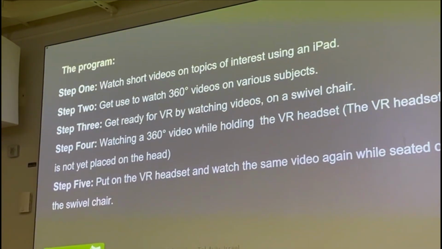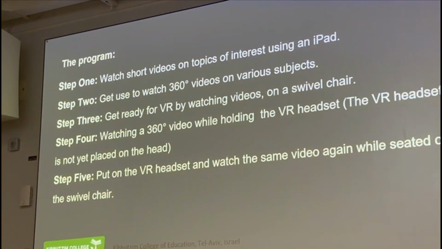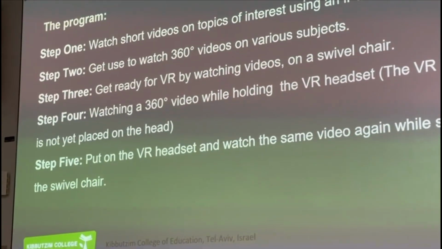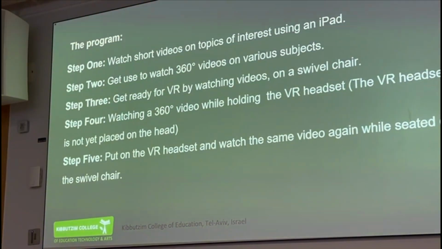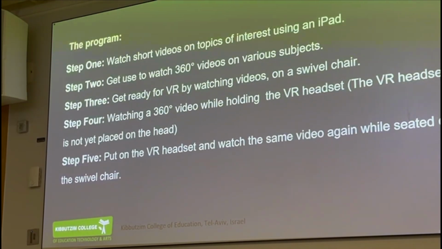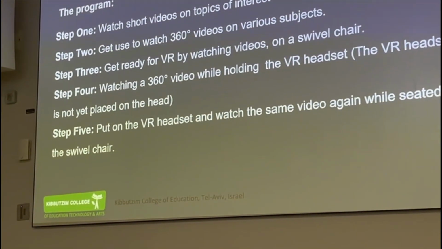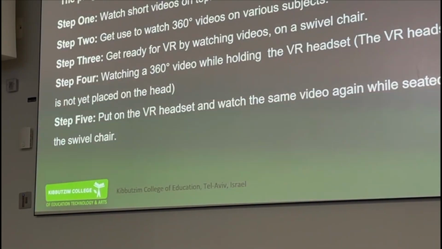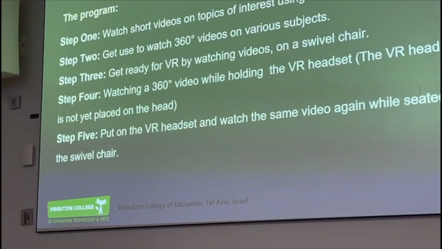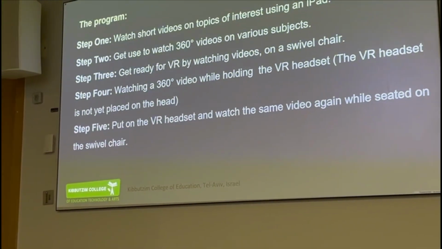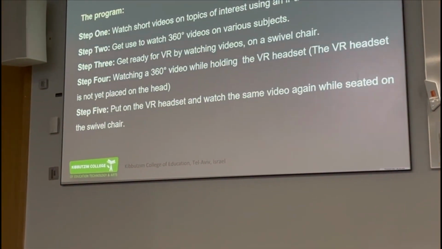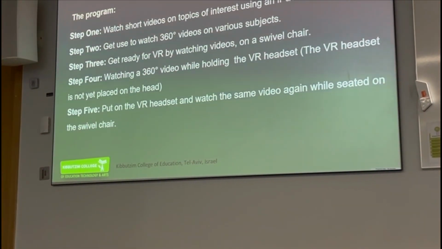They want the students to get used to choosing which video they like, and they choose and look at it. Step 2 was to watch 360-degree video on various subjects. So they can choose which video they want to see, but it was 360-degree video.